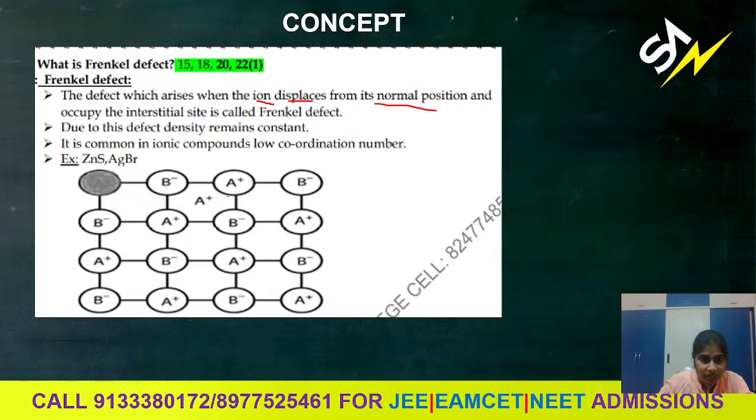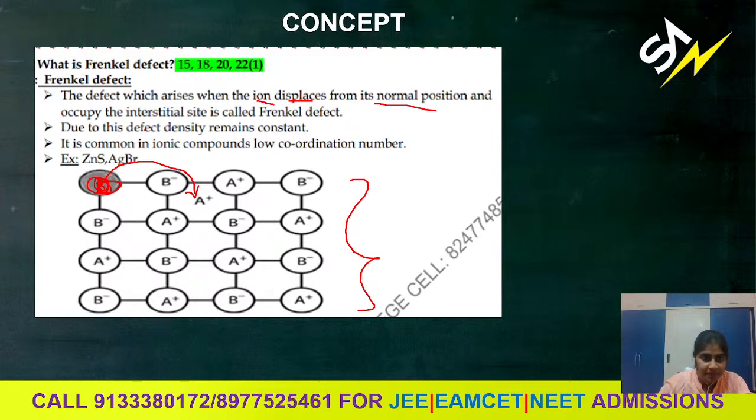You can see in this diagram, the place of A plus should be here, but it displaces to here, searching for its new place. It means there is no decrease in the density but a change in the place of the ions.